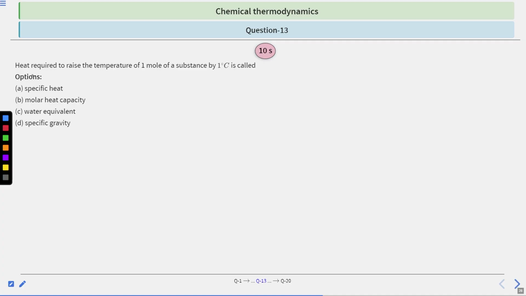Moving to question 13. Heat required to raise the temperature of 1 mole of a substance by 1 degree Celsius is called: specific heat, molar heat capacity, water equivalent, specific gravity. You have 10 seconds to solve this question. After that, we will see the answer.